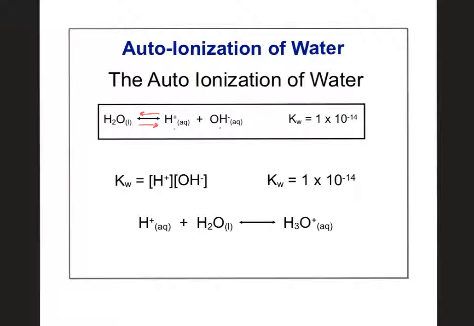We could write a K expression for this, products divided by reactants, but only aqueous, no liquids in our K expression. So H+ times OH-, and we have a value for that. We call it KW, not KSP, not KC. We call it KW to represent this specific reaction of water breaking into its ions, and it has a value of 1 times 10 to the negative 14th.